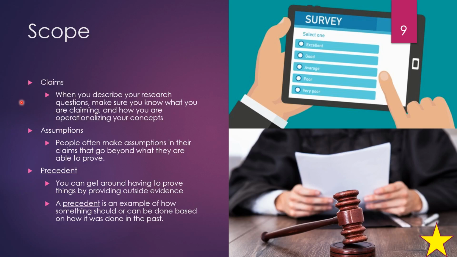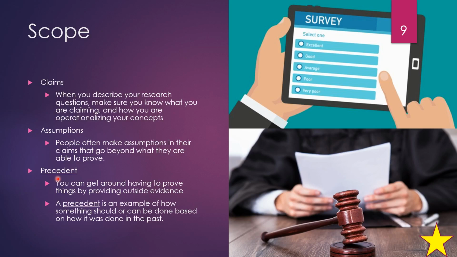And one way that you can shore down the amount of scope in your paper is through the use of precedent. Precedent is simply something that identifies something that people have done before.